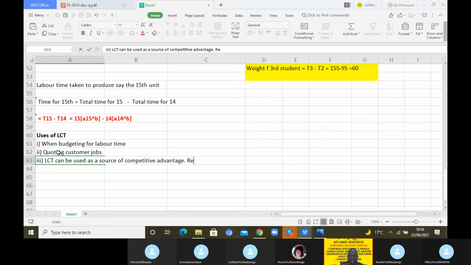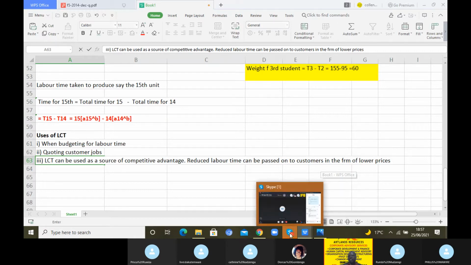We are saying reduced labor time can be passed on to customers in the form of lower prices.